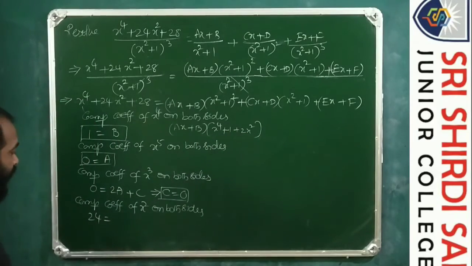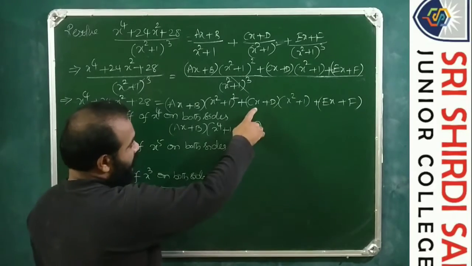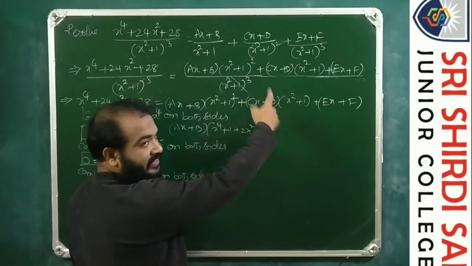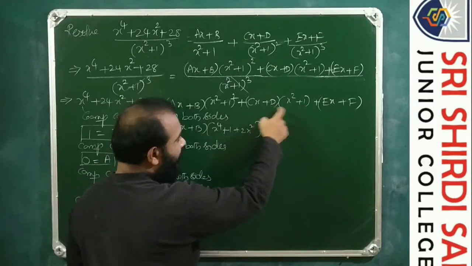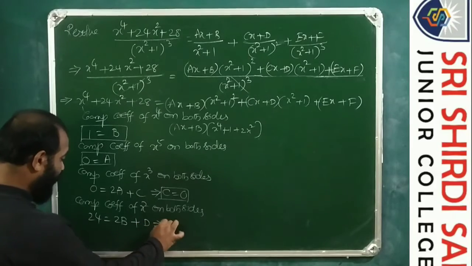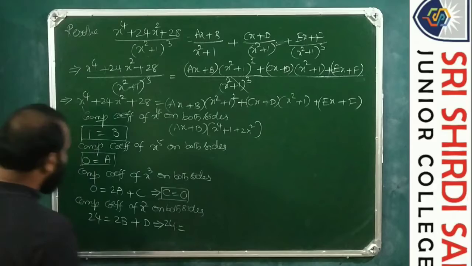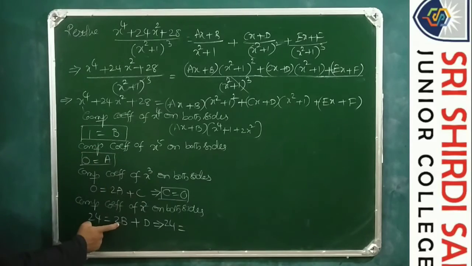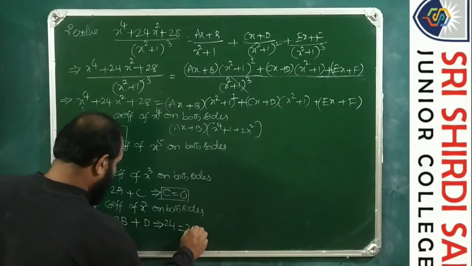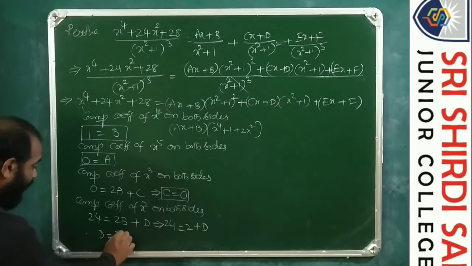The x square coefficient is 2b plus cx into x square, cx cube, cx into 1, cx, d into x square, dx square. The x square coefficient is d. So from this, 24 is equal to, substitute b equal to 1 here, so 2 ones are 2 plus d. Therefore, d is equal to 24 minus 2, which is 22.